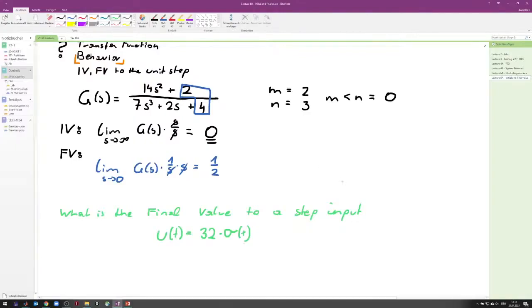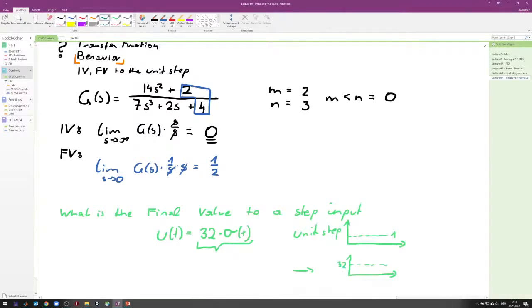Right, this u of t, a unit step, looks the following in the diagram. Goes to 1, and this guy here then goes to 32. Yes, correct, right?